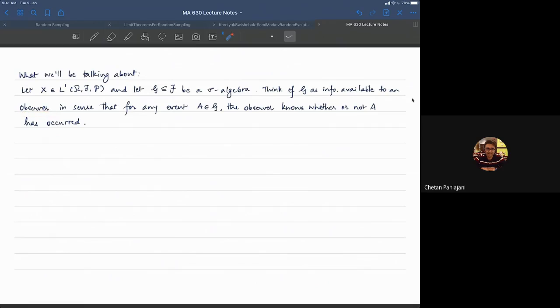What do I mean by this? That means that for any event B in G, the observer knows whether or not B has occurred. And then what we'll do is we'll define this quantity.